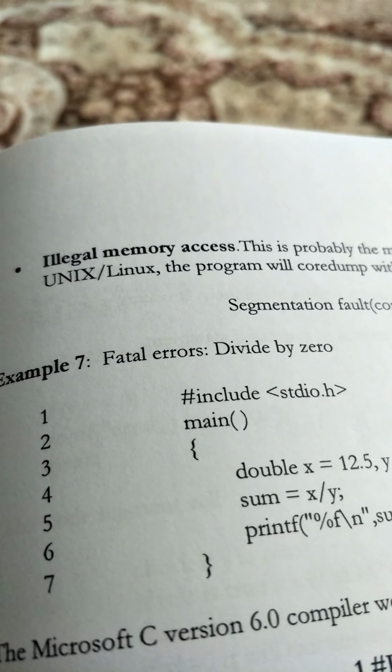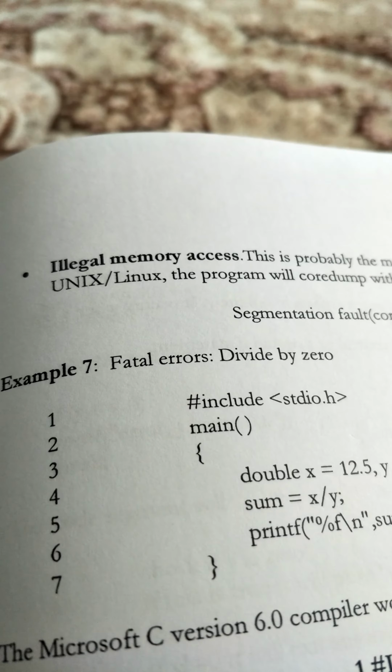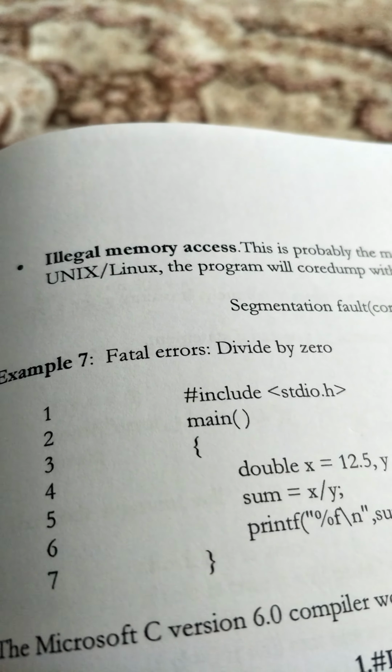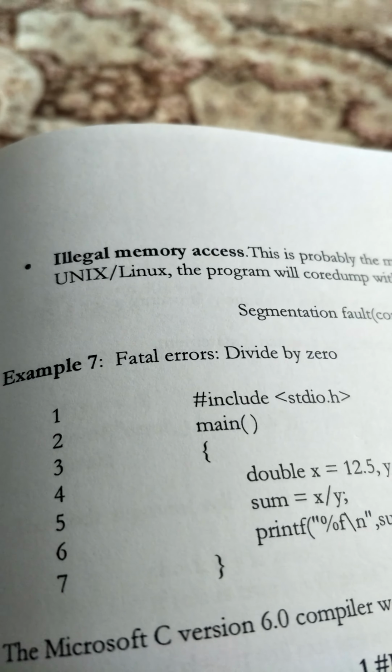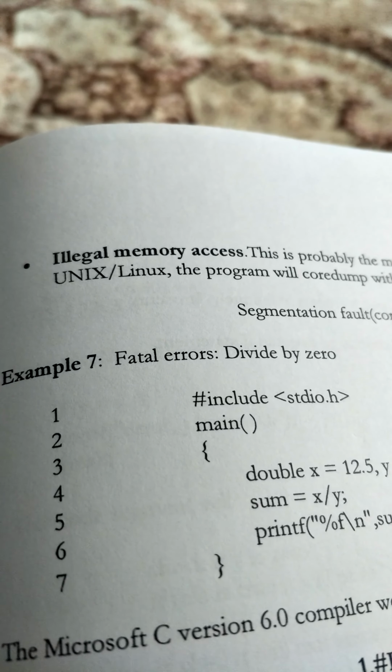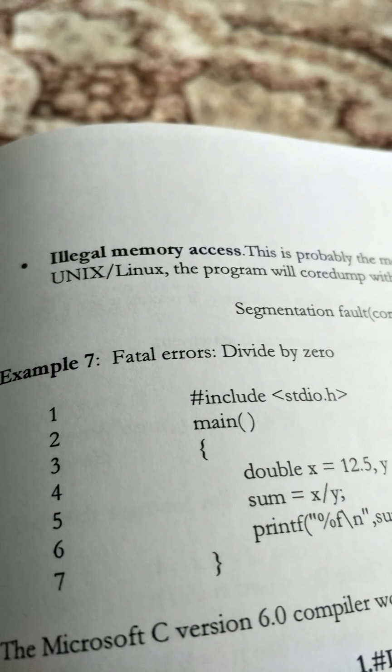Okay, and this normally happens in Unix or Linux. In your case, it will not happen because we use a PC or laptop that is not based on Linux or Unix, what do we call that, processor.